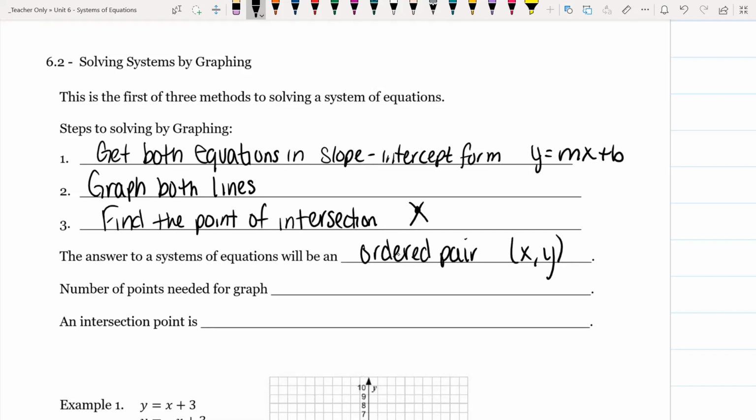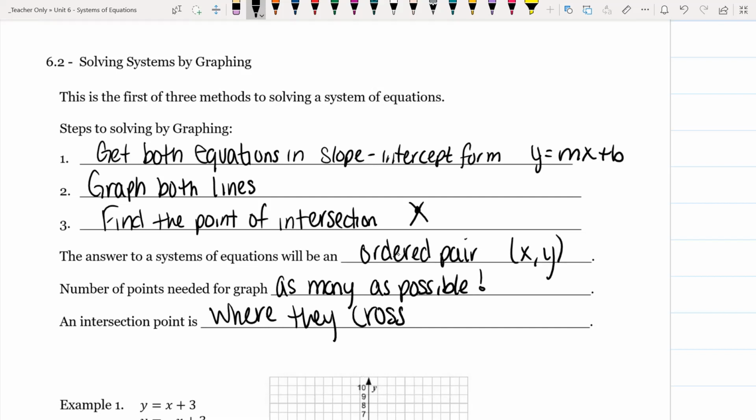Okay. You may be thinking, I don't want to put a billion points on this graph. I just want to do a couple, right? So that's not really going to fly with some of these because you won't be able to tell where it is. So you want to put as many as possible. And an intersection point, remember, is where they cross.